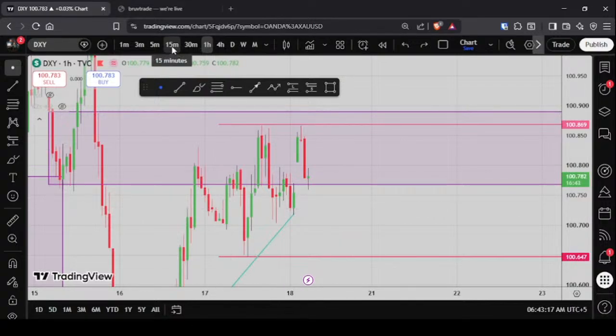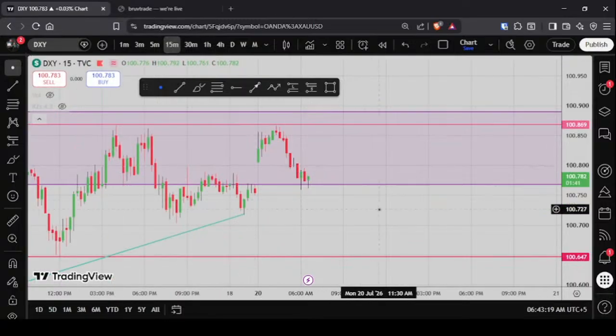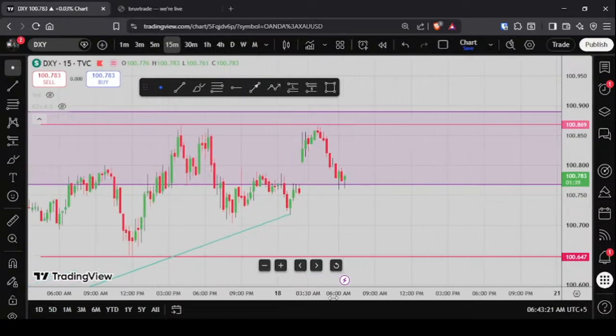Yes, I agree with you. It can go up or it can go down. But I guess this is it for today. DXY is right now a little ranging because of the gap up liquidity zone.